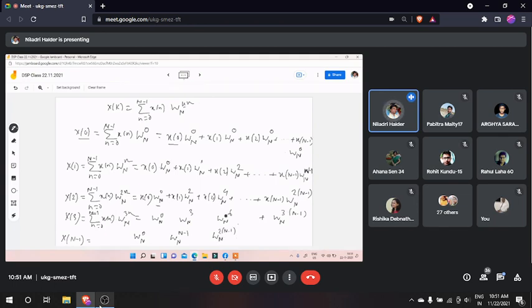These are the coefficients. I am not writing the x0, x1 values. The last value will be Wn to the power N minus 1 into N minus 1.